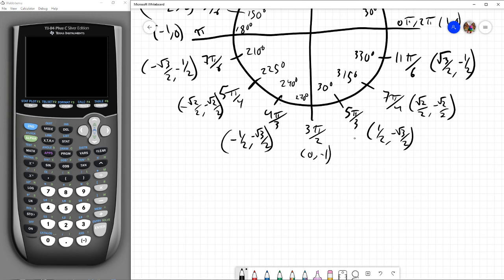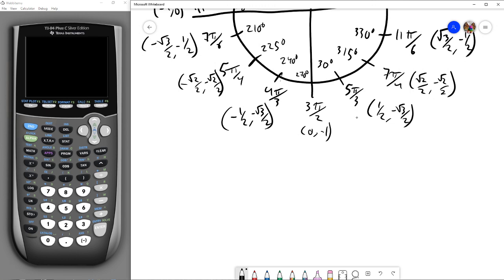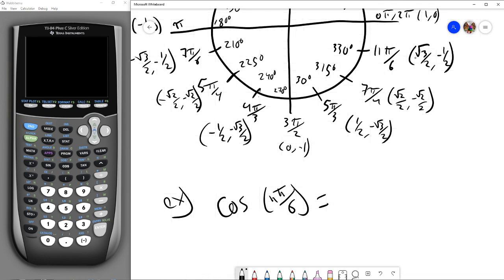We'll leave us with a couple examples before we end our video. If I ask what is cosine of 11 pi over 6, well, I can look at the unit circle if I don't have this memorized yet and see, oh, the x coordinate is square root 3 over 2, so square root 3 over 2, done.